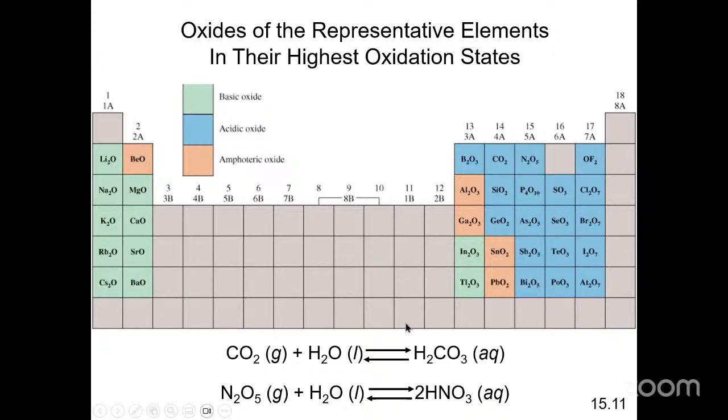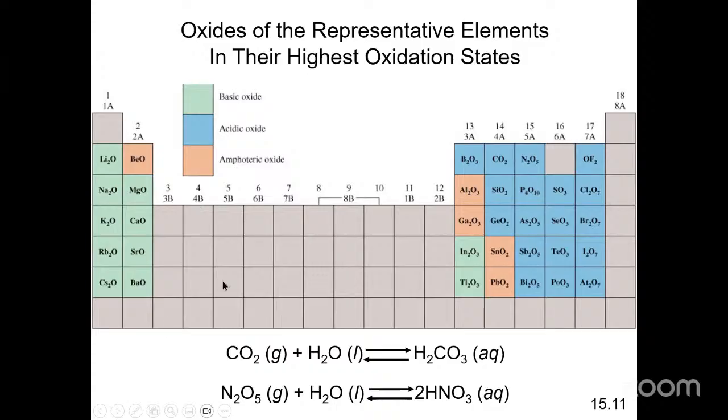This is basically showing you the type of acid-base properties displayed by the oxides of different elements relative to their positions in the periodic table. And what you'll find is that those oxides of elements in groups 1A and 2A, with the exception of hydrogen, of course, they tend to be basic, right? And that is shown by this green color here, which represents all the particular compounds that will be basic.